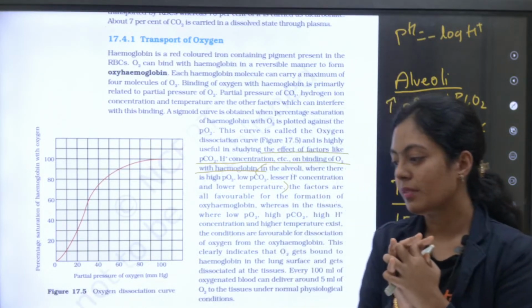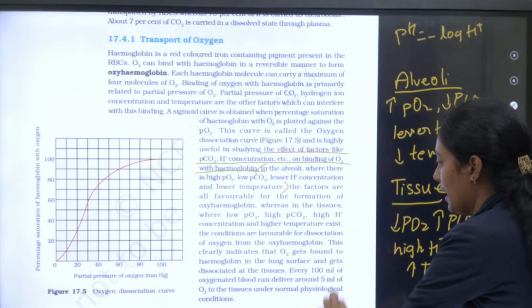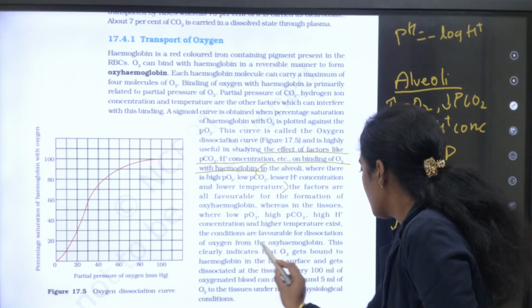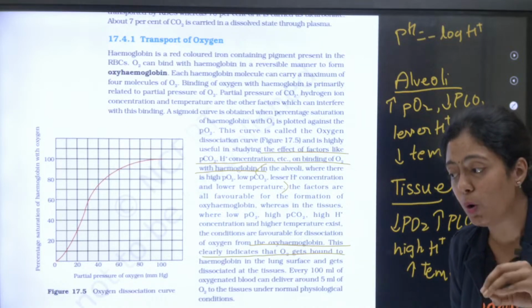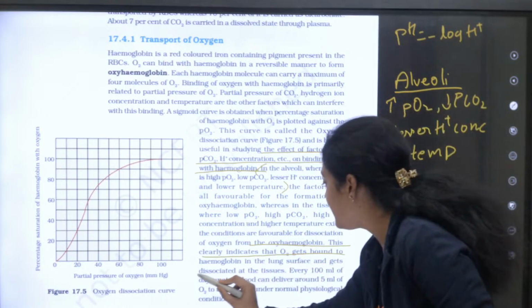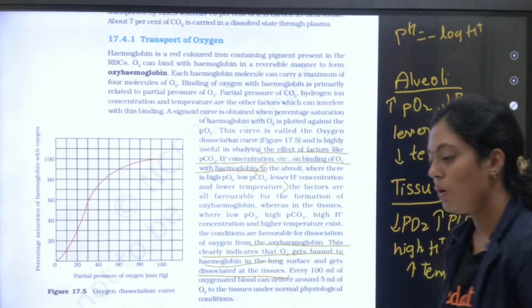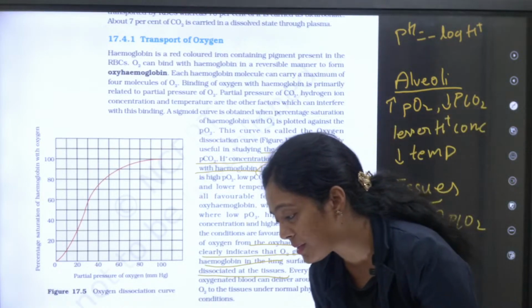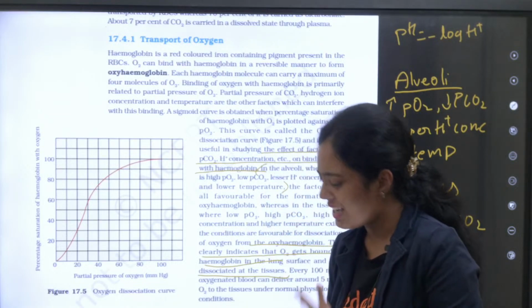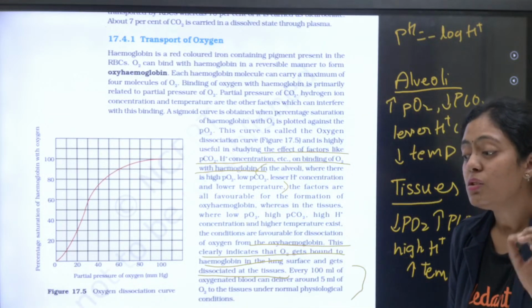Yes or no? Yeah. Now look at this one line. This clearly indicates that oxygen gets bound to hemoglobin in the lung surface and gets dissociated in the tissues. This one line has been asked 7 times. Yes, correct. They have asked many times in the question.